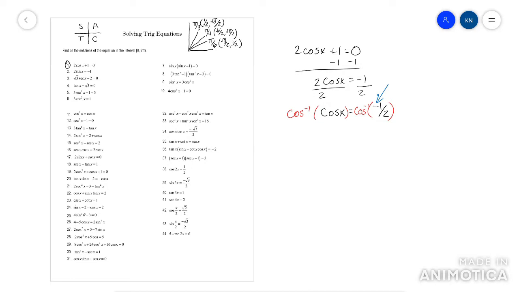So I'd be trying to answer using my quadrant 2 and quadrant 3 angles. The pi over 3 reference angle in quadrant 2 is 2 pi over 3. And in quadrant 3, the reference angle pi over 3 would give 4 pi over 3. And those would be my answers. I hope that made sense.